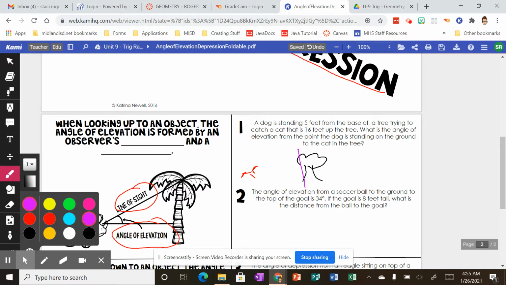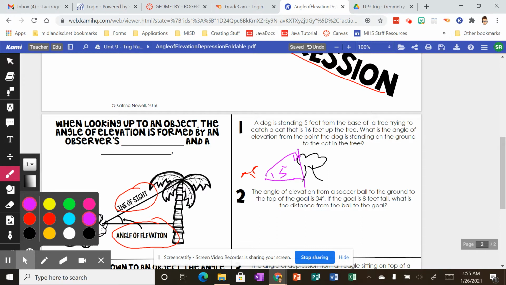And the dog is 5 feet away. Angle of elevation would be right here. We're not going to be able to find that yet, we don't know how to do that yet, but that's how you would draw a picture. Mine's not so pretty, but yours will be.